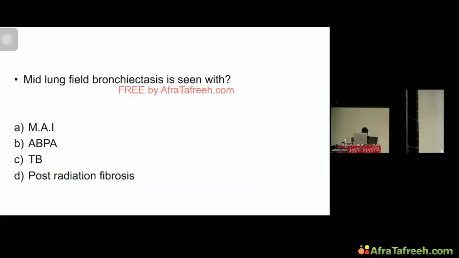Mid-lung bronchiectasis is seen with Mycobacterium avium complex, which is also called Mycobacterium avium intracellulare. So the answer is A.